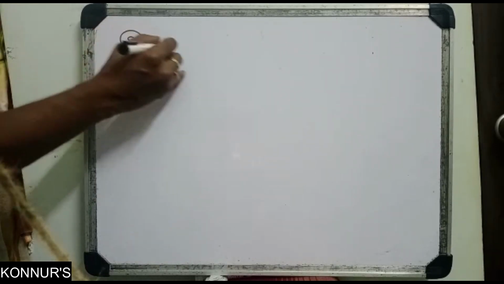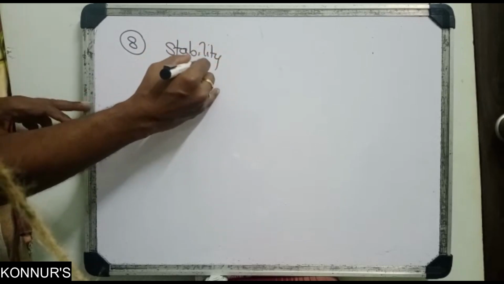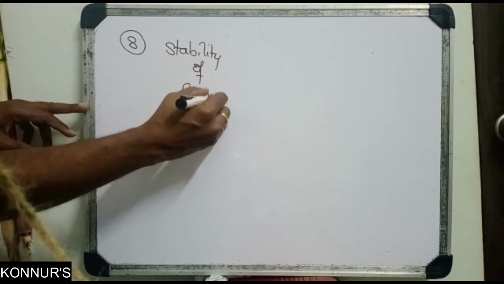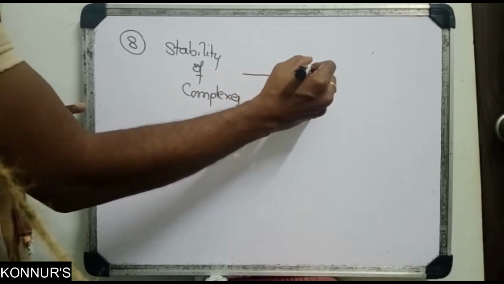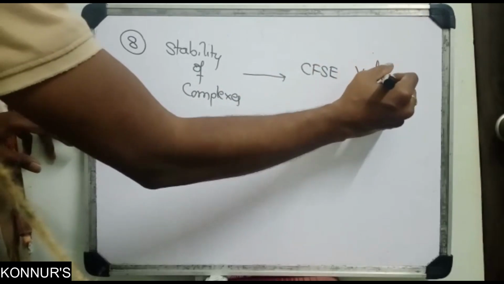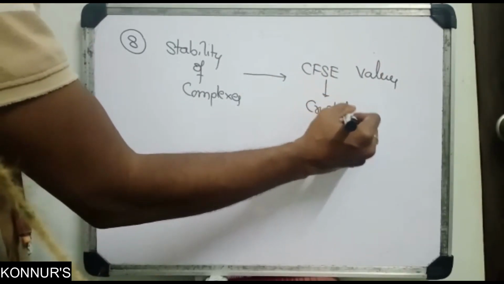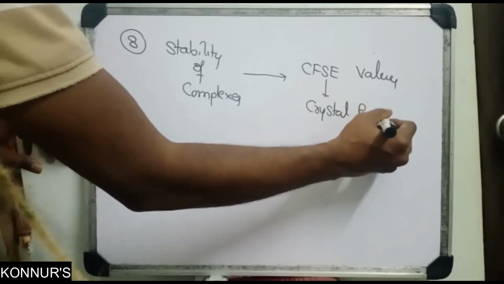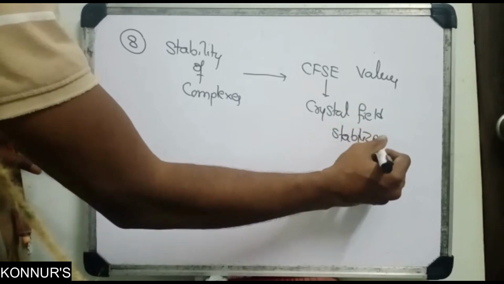Next, the stability of complexes. The stability of complexes is explained through CFSE values, that is, crystal field stabilizing energy.